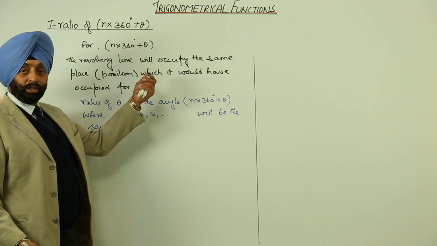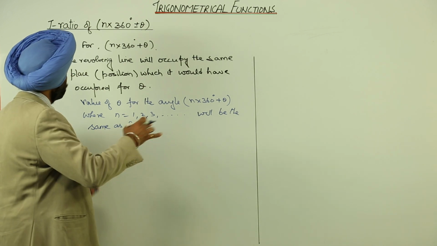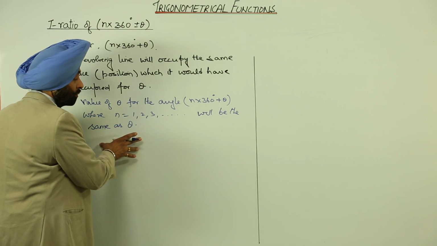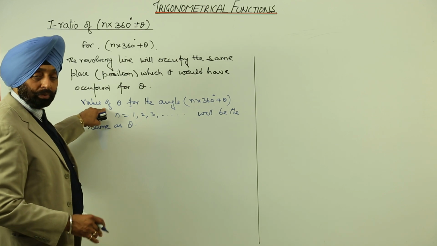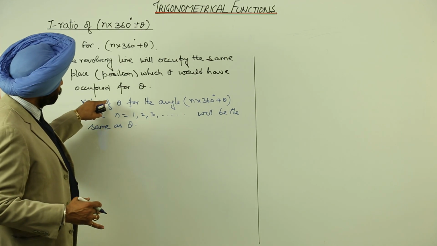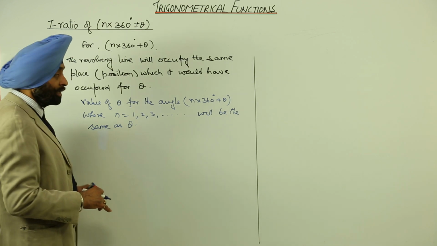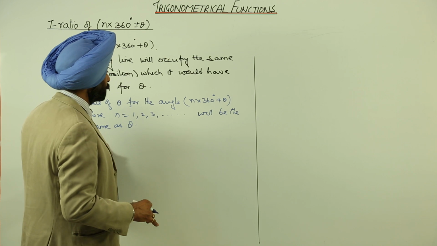Now here what we have written? We have written that the revolving line will occupy the same position which it would have occupied for theta. Same. Now numerically I have written the value of theta. The value of theta for the angle n times 360 plus theta, where n is 1, 2, 3, any, the numeric value will be the same as for theta.